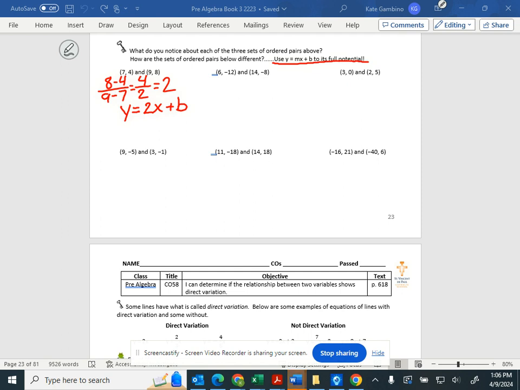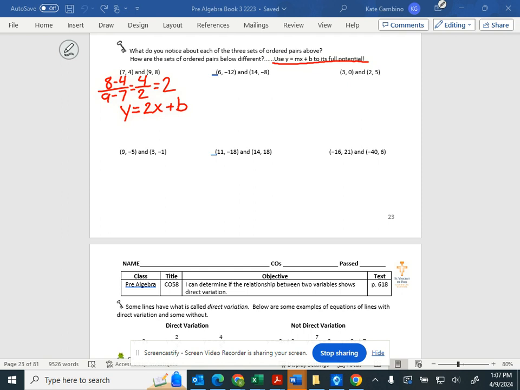What's my x going to be if it's the y-intercept that I want to find? 0. Okay, but we don't know what the y would be, right?